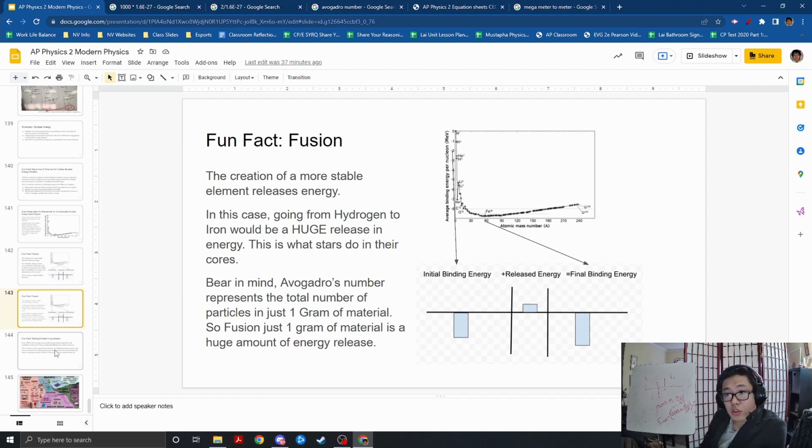We already use a fusion energy source on an everyday basis, and that would be our sun. Our sun is essentially a giant pressure cooker that takes all of the particles and just keeps fusing them, and that's why we believe the center of a lot of planets or suns might consist of an iron core.